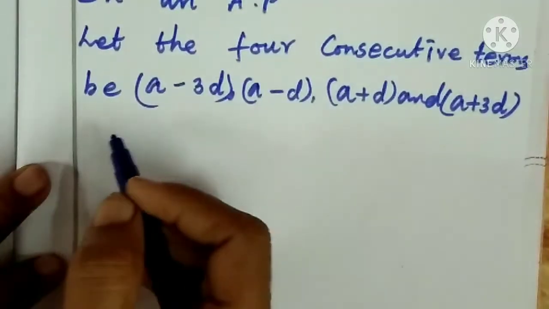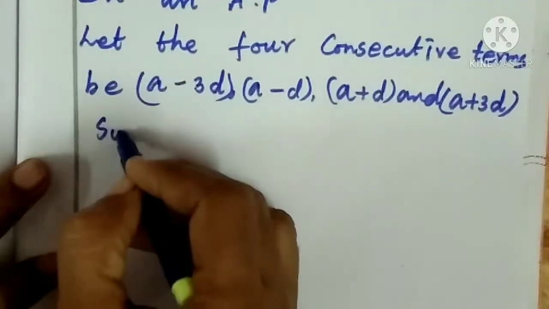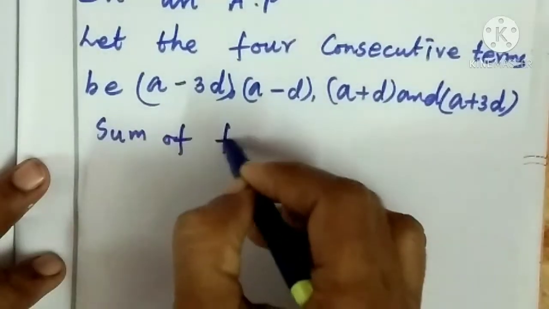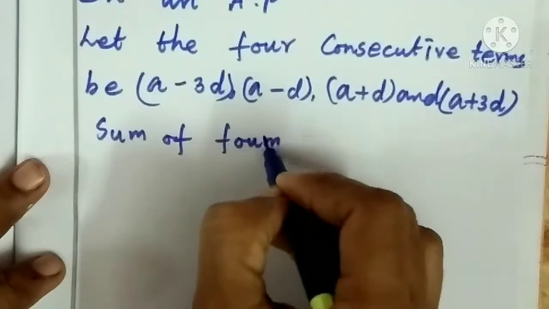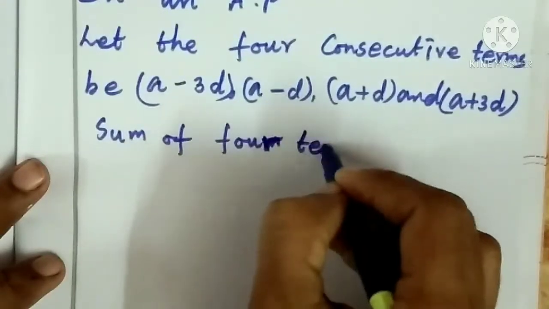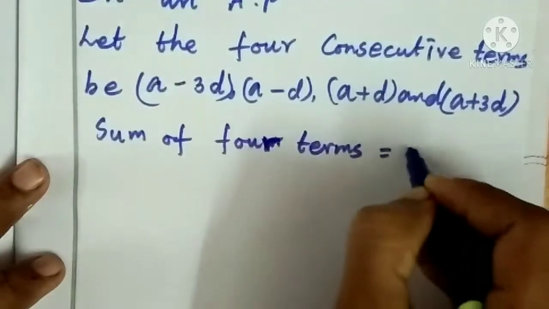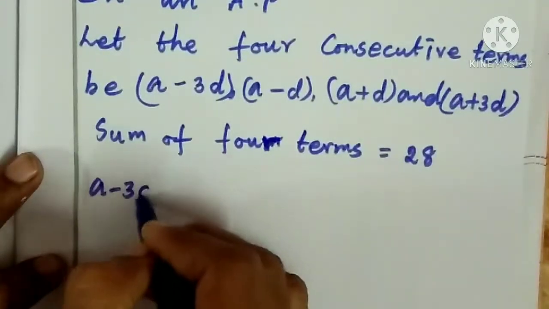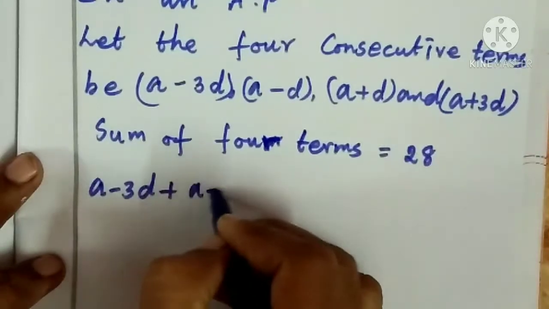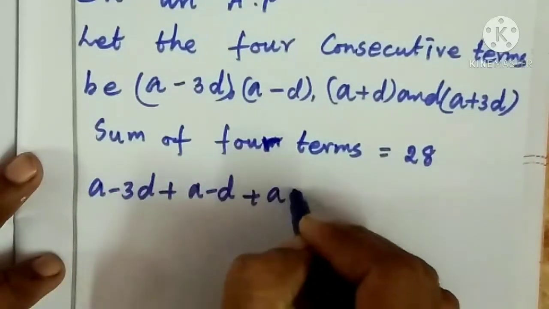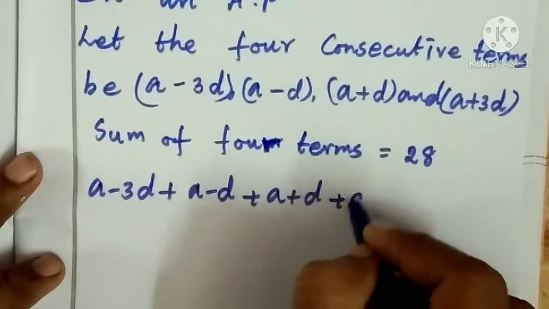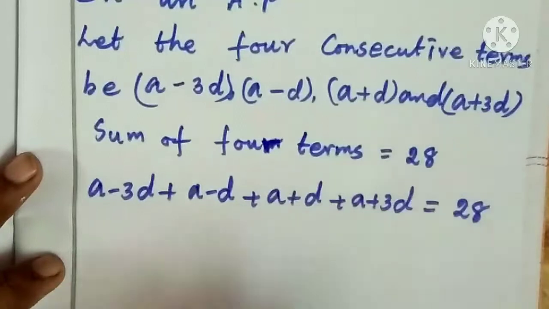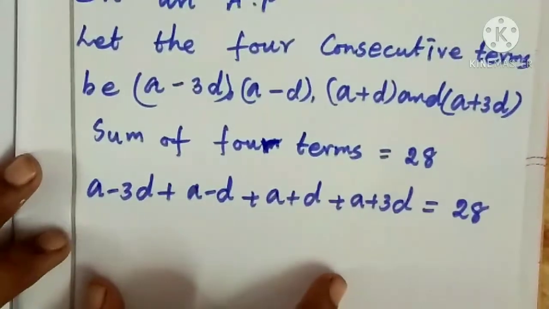Now let us see the given sum of 4 terms is equal to 28, that is a minus 3d plus a minus d plus a plus d plus a plus 3d is equal to 28. Now you have to simplify the like terms.